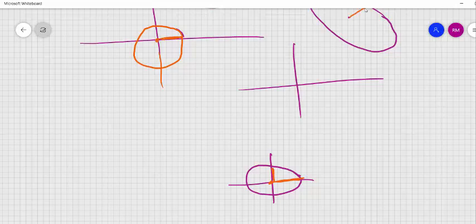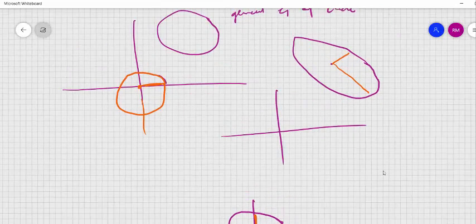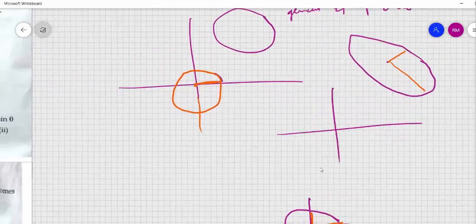Here it is difficult to calculate the semi-major and semi-minor axis. So I think you understand what I am talking about.